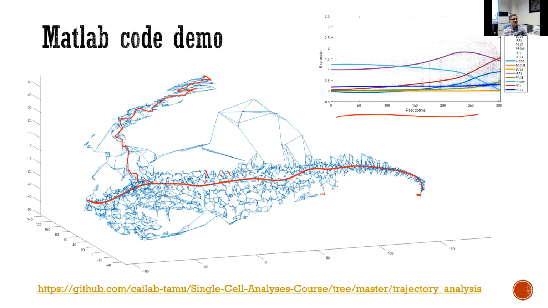Then you can use this information to look for genes with expression associated with the increase or decrease of the pseudo-time. So that's an application of KNN in pseudo-time analysis to build this trajectory.